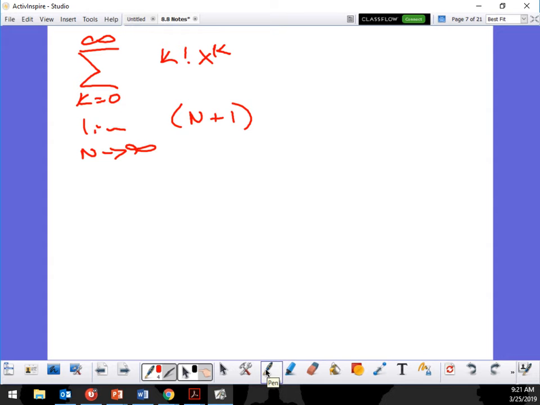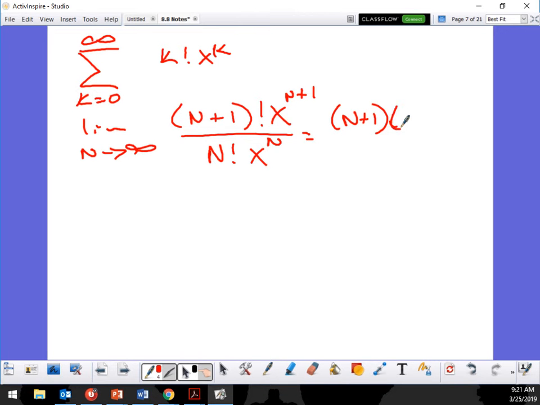All right, where was that? Factorial, right? And then it's x to the n plus 1 over n factorial x to the n. Okay, so let's rewrite this. I like rewriting it. So it's going to be n plus 1 times n factorial times x to the n times x, over n factorial and x to the n.